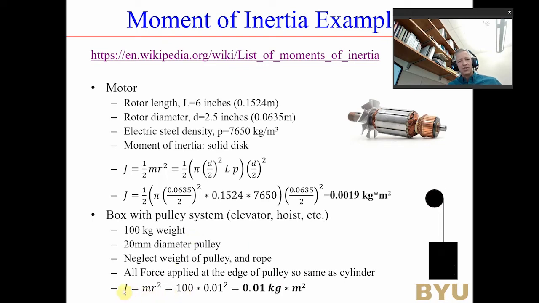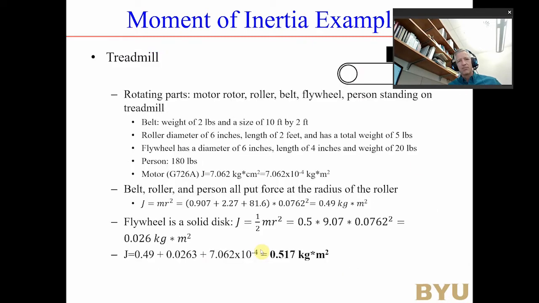So I use J equals mr squared rather than the 1/2. The 1/2 mr squared is if it's a solid cylinder, and this one is if all of my weight is applied at the radius point. And so then this would be my moment of inertia for a weight and a pulley system.